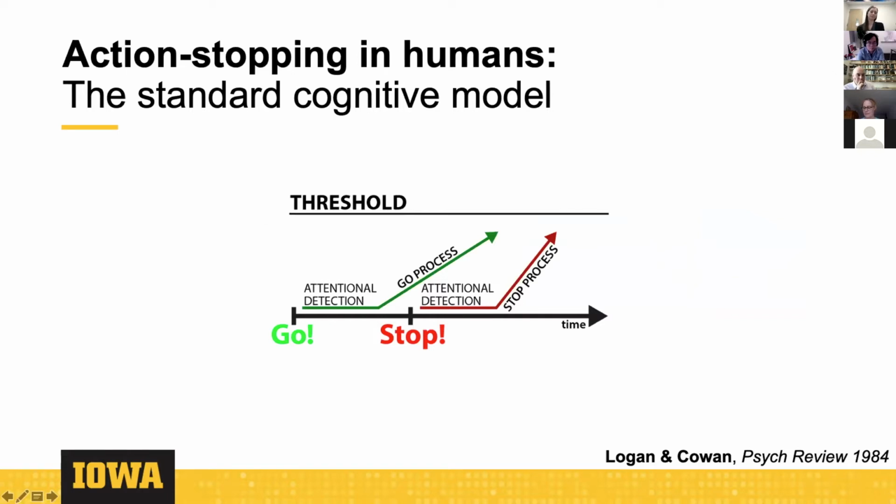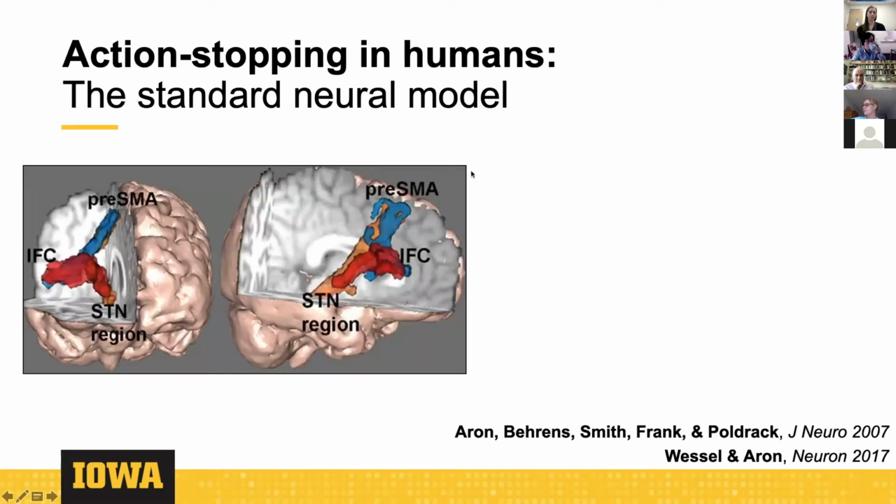They both race to a threshold, and whichever one finishes first on any given stop trial determines whether you're able to successfully intercept and stop the response. And there are some adaptations to this model, and some alternative views that deal with whether and how these processes interact. But generally speaking, this model is still the standard accepted model in the field, whether you buy into the adaptations or not.